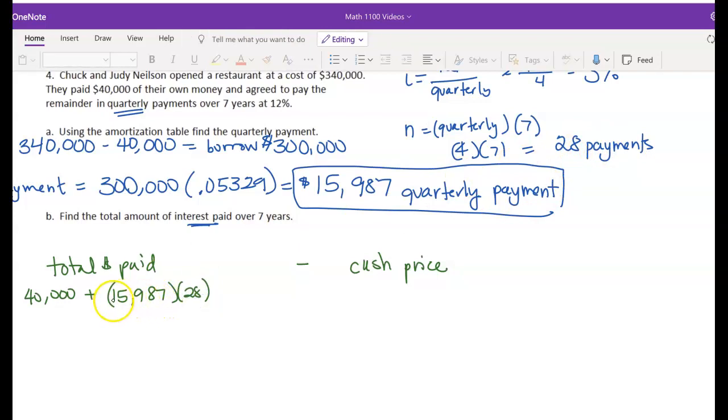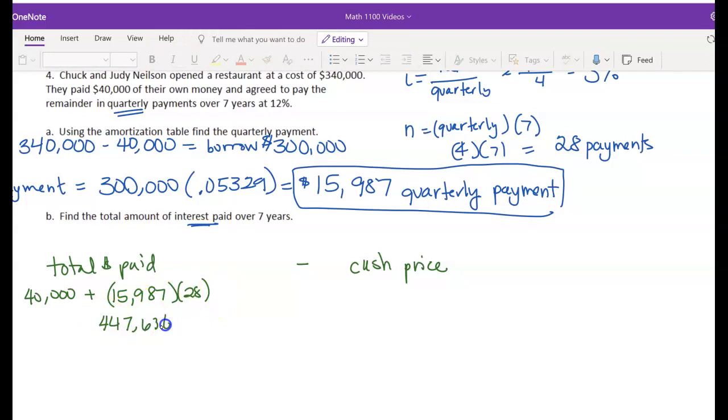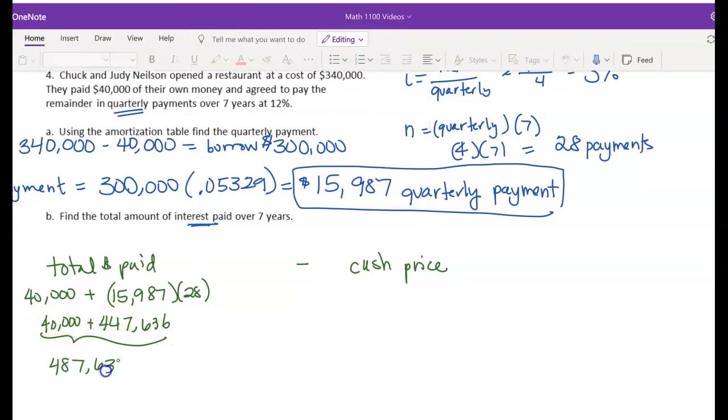and we said that they were going to make 28 payments total. So if I have $15,987 times 28 payments, I get $447,636. Plus, let's add that $40,000. And the total amount paid is $487,636.